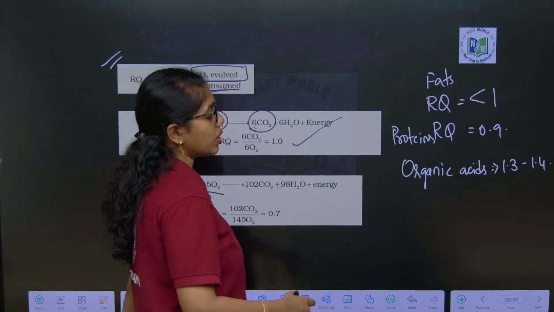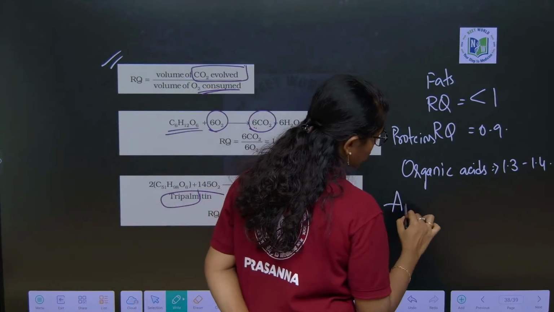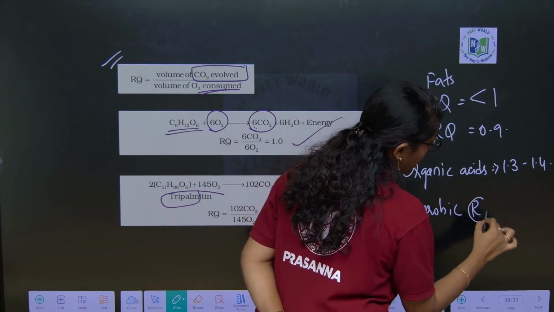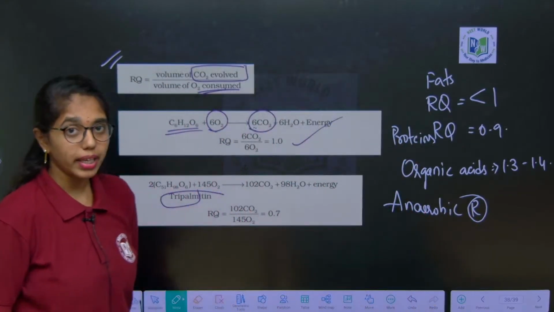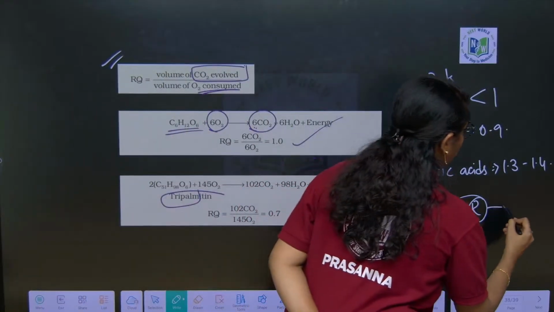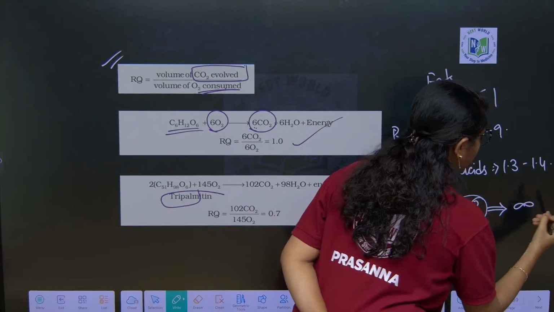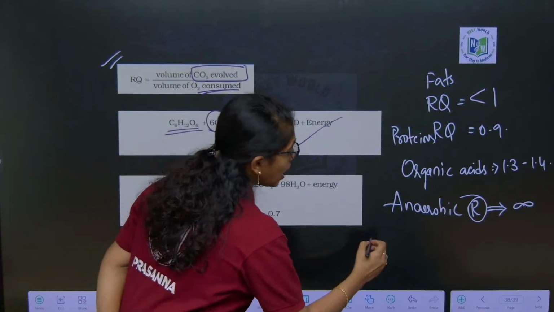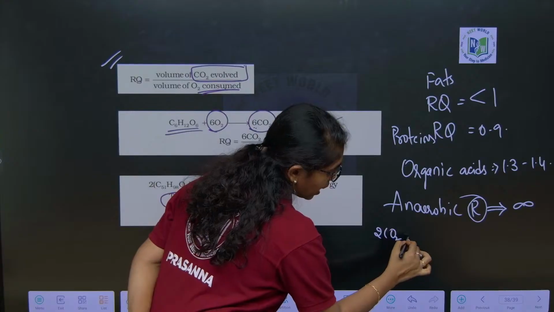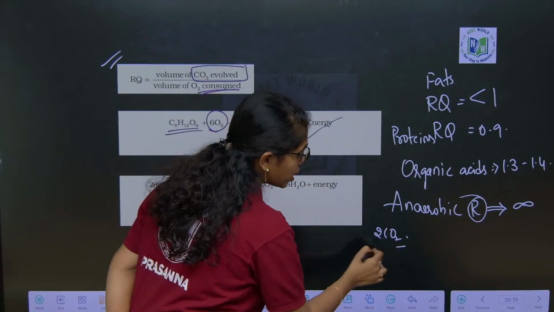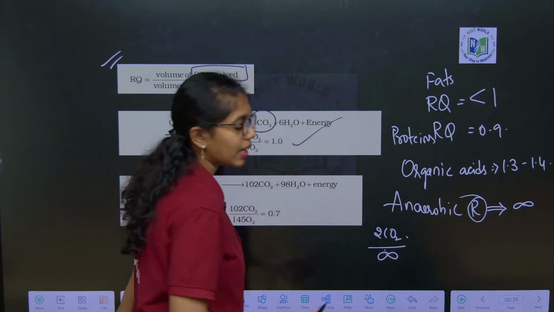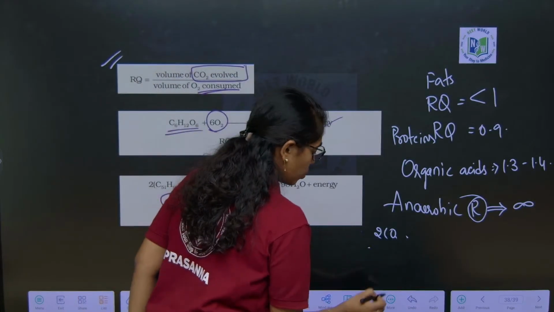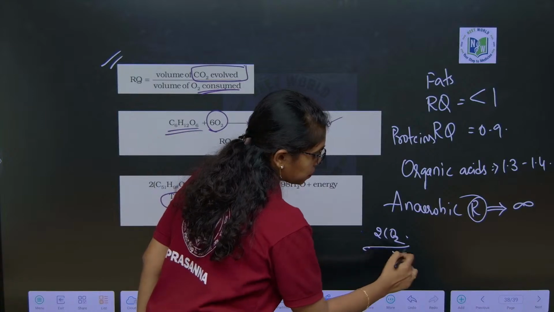And last, if you consider anaerobic respiration, the RQ value will be infinity. Why is that so? Because 2 carbon dioxides are evolved through alcoholic fermentation and no oxygen is utilized. Something divided by 0 is infinity.